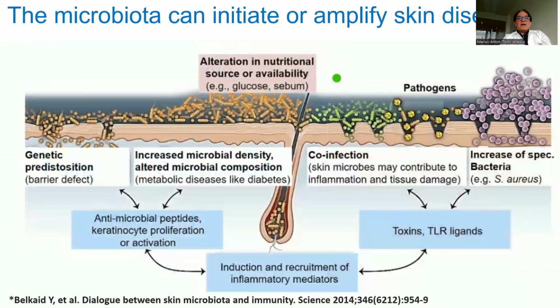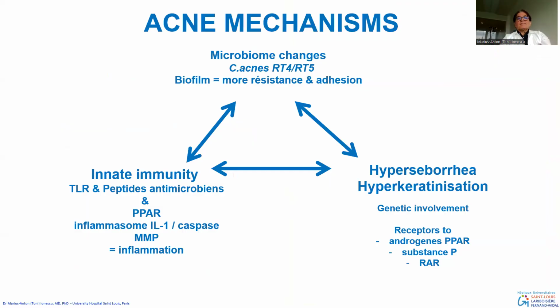We know that the microbiota can trigger or aggravate skin diseases, and you can have here some examples of how the inflammation is induced, activating toll-like receptor ligands and toll-like receptors and antimicrobial peptides, which are playing a role. I will come back to this.